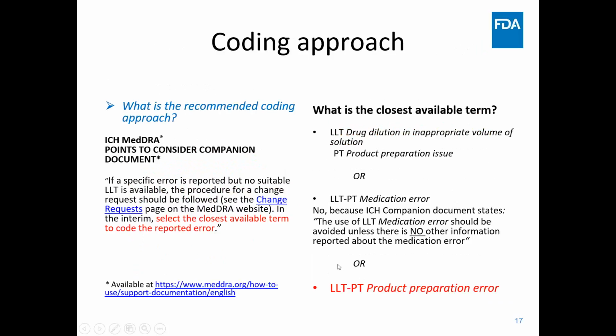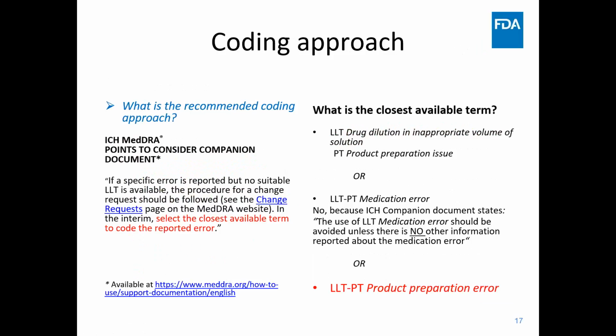The coding approach then, if we go to the ICH MedDRA points to consider companion document, it advises that if there is a specific error that's reported but not a suitable LLT, then one can go through the change request process to request the term, and in the meantime, select the closest available term to code the reported error. So then what is the closest available term? Is it the one that goes to the product preparation issue?